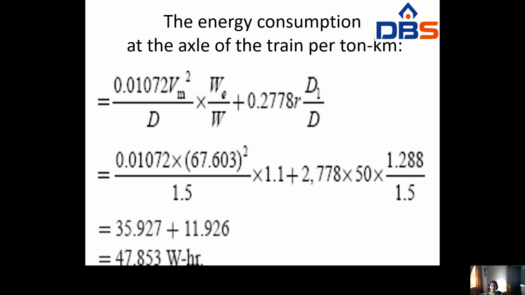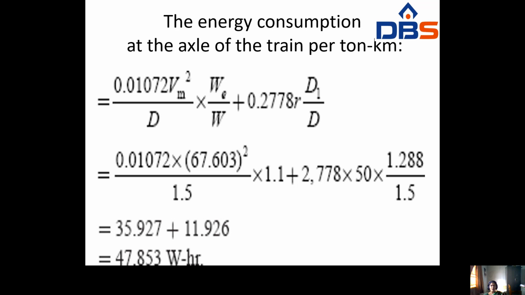So here the W by W value is 1.1, Vm value will be 67.603, and here 0.01072 divided by 1.5 into 1.5 plus 0.278, R value will be 50, D1 value will be 1.288, D value will be 1.5.